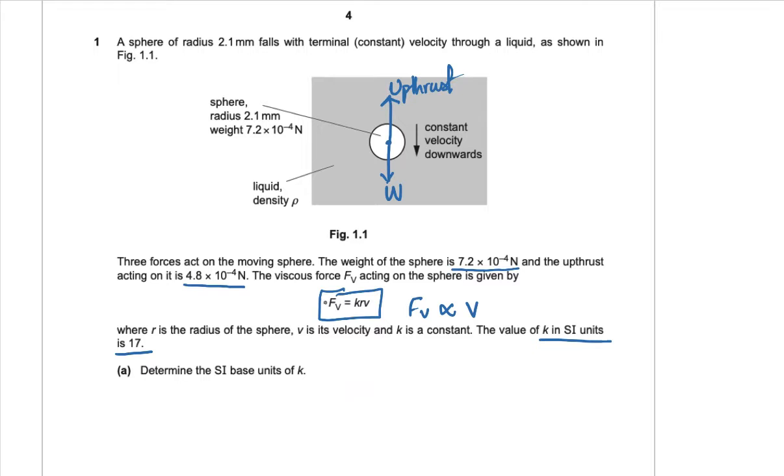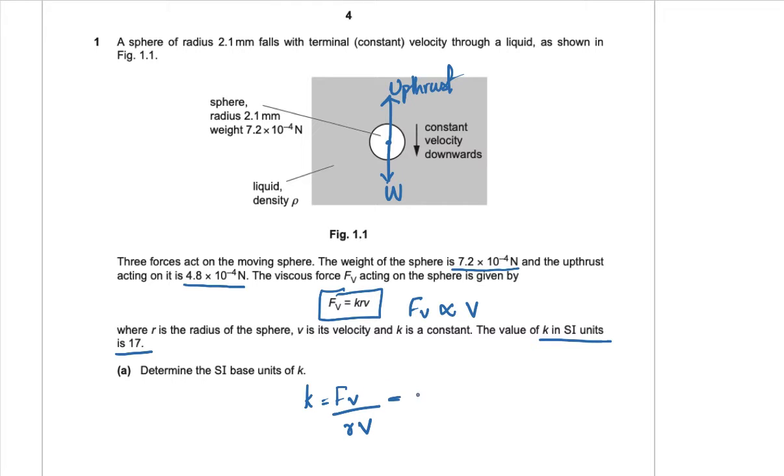Now, if we rearrange this formula and make k the subject, the constant, which is 17, is equal to the viscous force divided by the radius multiplied by the velocity. Now, any force has its own SI base units.